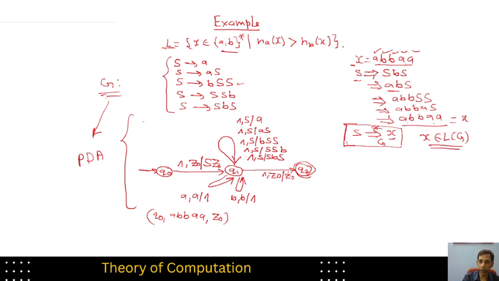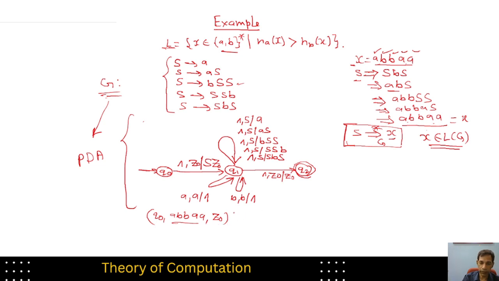And if this is in the language, then for the same input, your machine must start from the initial configuration, and the initial configuration of this machine is what? Q0, A double B double A for this string X, and at the beginning the stack contents are only Z0.